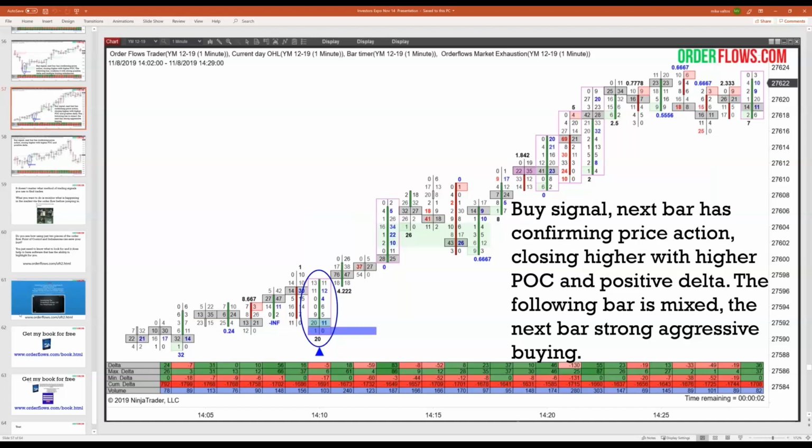So let me just see if there's any questions really quick. There are some questions. Use 1-minute charts. Well, you could use whatever charts you like. You could use range-based charts, you could use minute-based charts, but order flow is best used on short time frames.